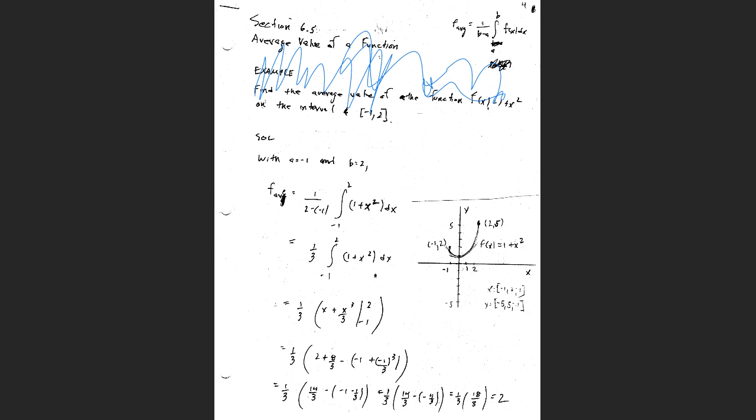But now we're going to the solution. So a is going to equal -1, and b is going to equal 2. Okay, and we're looking for the average value of the function. That's called f sub av. Okay, so I can make this a little nicer here.